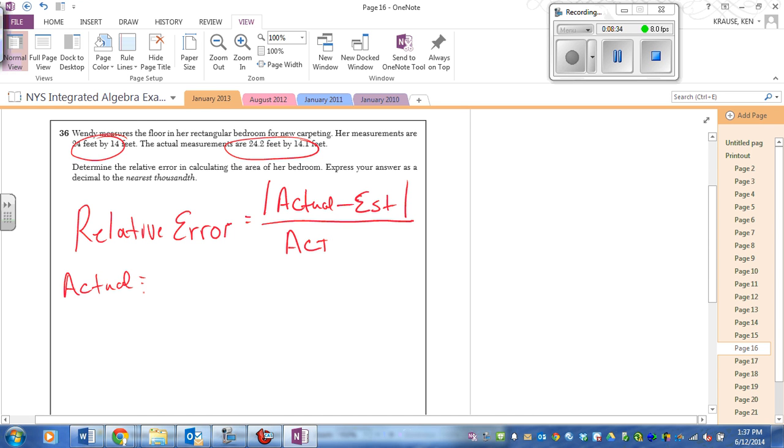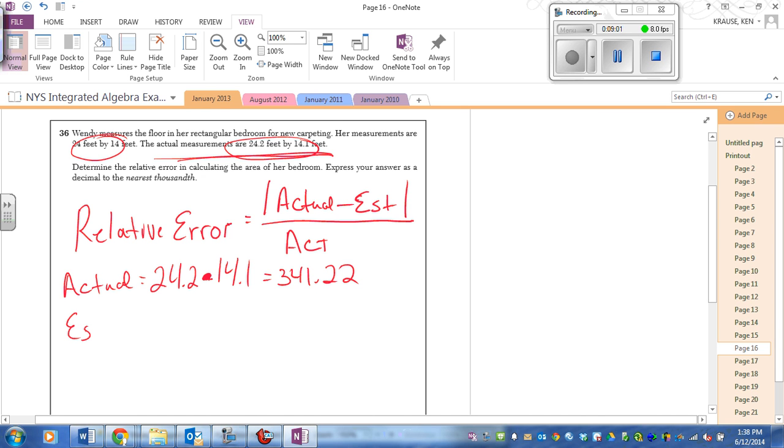Well, the actual measurements are here: 24.2 times 14.1 is 341.22.